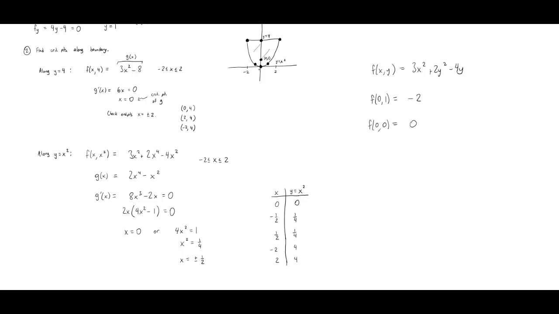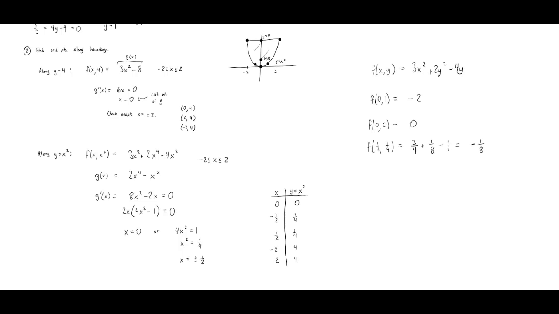This point was x is 1/2, y is 1/4. Let's see what that will be. 3/4, 2 over 16 is 1/8, minus 1. 1/8 minus 1/4. So check it. I think you get negative 1/8, all right?